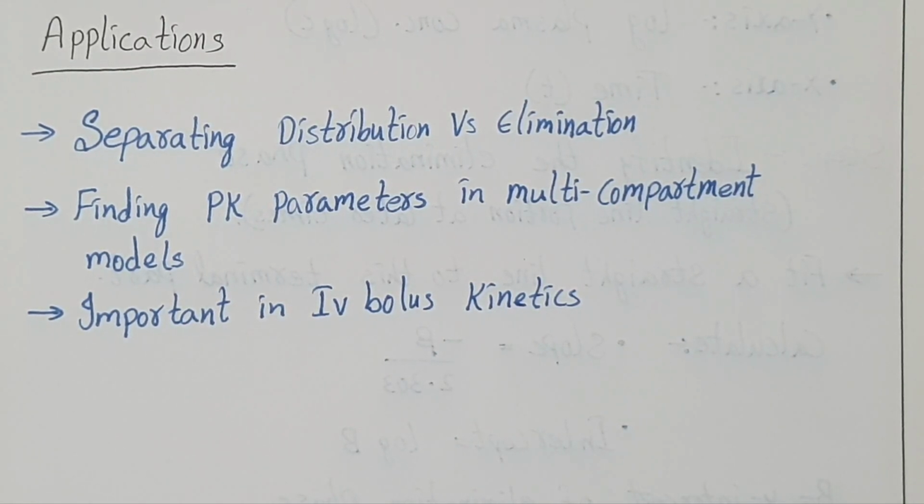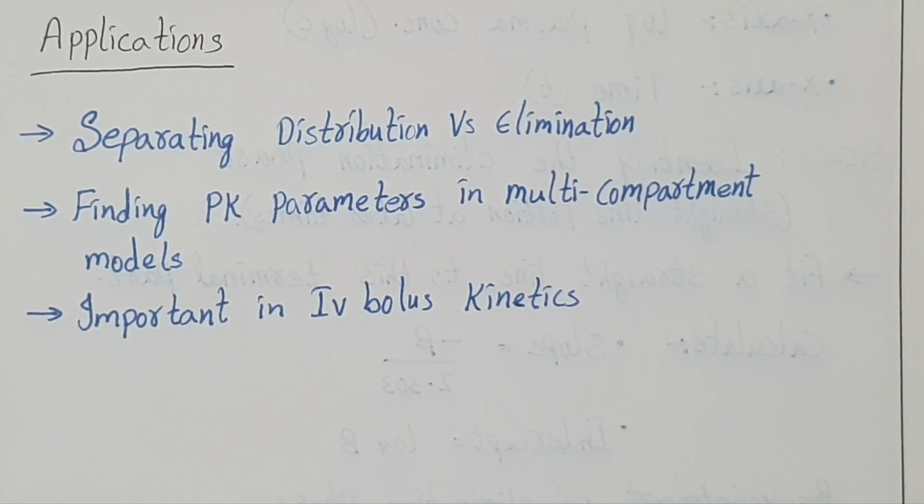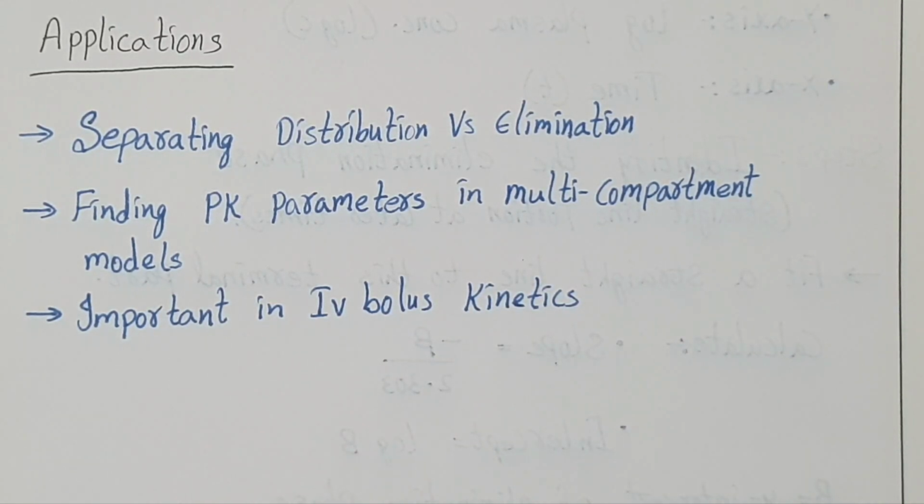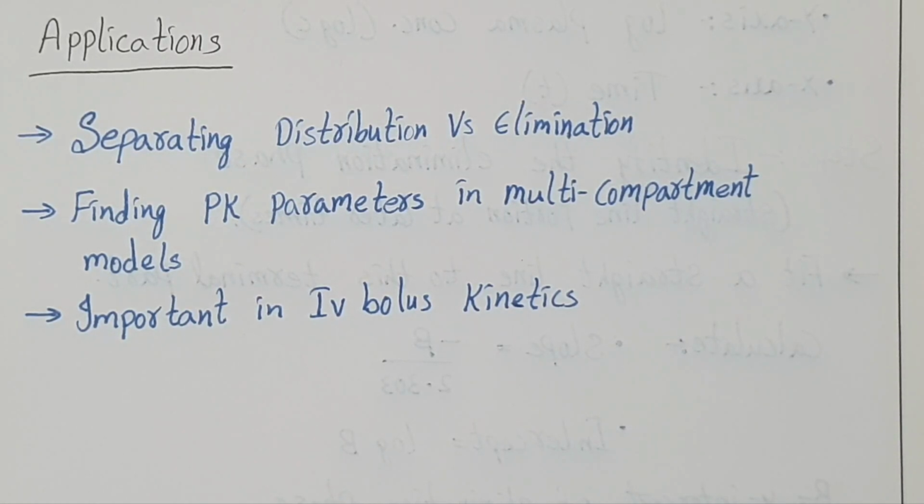How to identify when distribution ends? We can identify it when the Cp versus time plot becomes a straight line on semi-log paper. Use the method of residuals only when bi-exponential decline is visible. Also plot concentration versus time to identify linear phases.